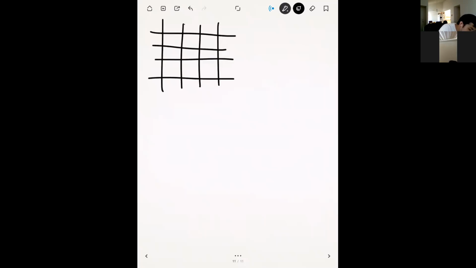Okay, so let's take an example like this. Let's look at this node right here. Let me draw one more line here. You can see from this node we have neighbors here, here, here, here, here, and here.